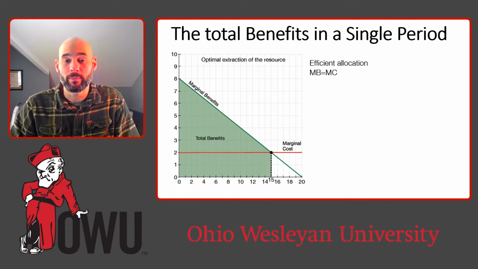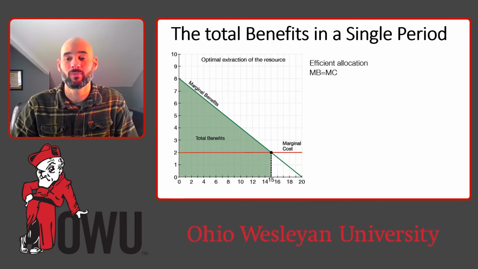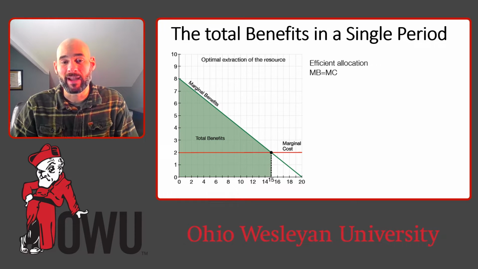So the total benefits there would be the area underneath the demand curve. So this should look a little bit like exam number 2, one of the questions. And that's not just the net benefits, that's going to be the total benefits, the whole area underneath the demand curve up until the quantity which we've decided to extract.